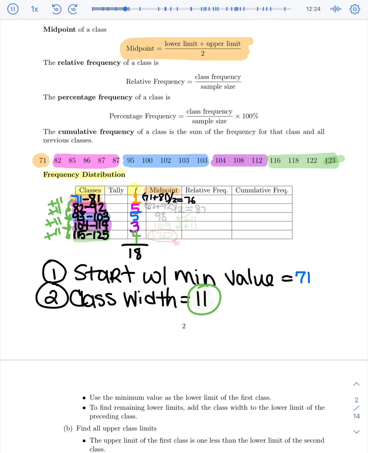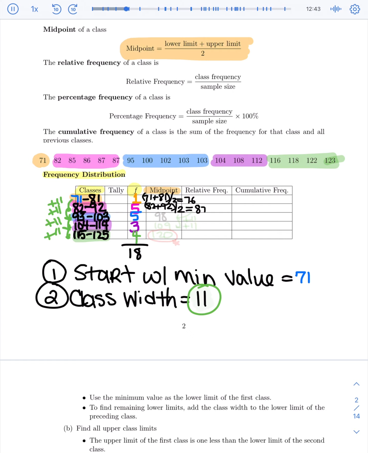And then I could do the same thing for the second one, 82 plus 92. Whatever I get for that would need to be divided by 2, which would get me, and without any math, I actually know it's already going to be 87.